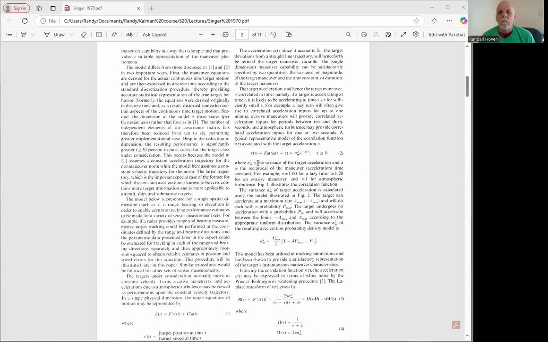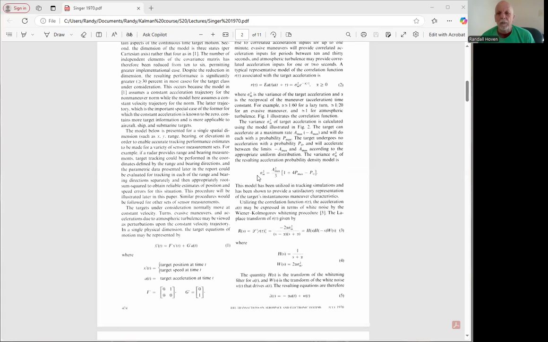Here is the autocorrelation function that he's assuming for acceleration. This is what we call the Gauss-Markov process. We've seen this very autocorrelation function, I think, multiple times when we talked about random processes and going through linear systems.